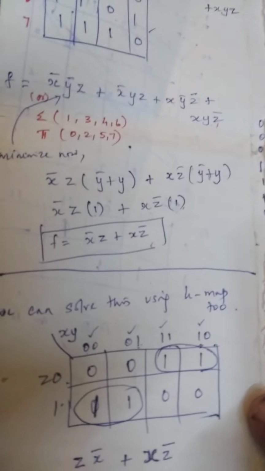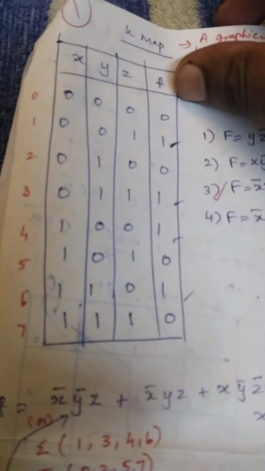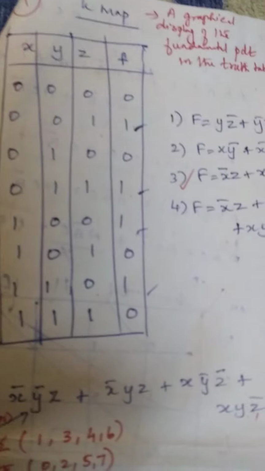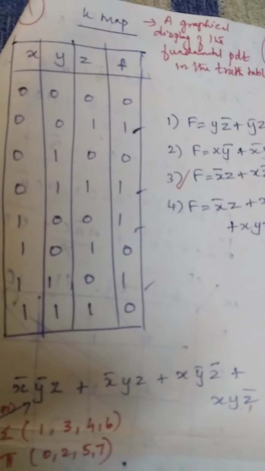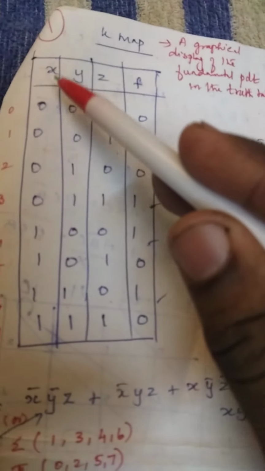The same thing we can use K-map to simplify. It's a 3 variable truth table, so we can minimize this truth table with the values x, y and z like this. See here, we can solve by using K-map.